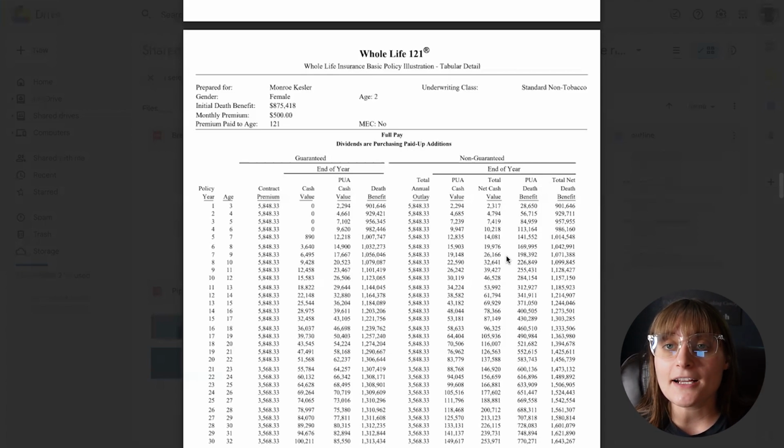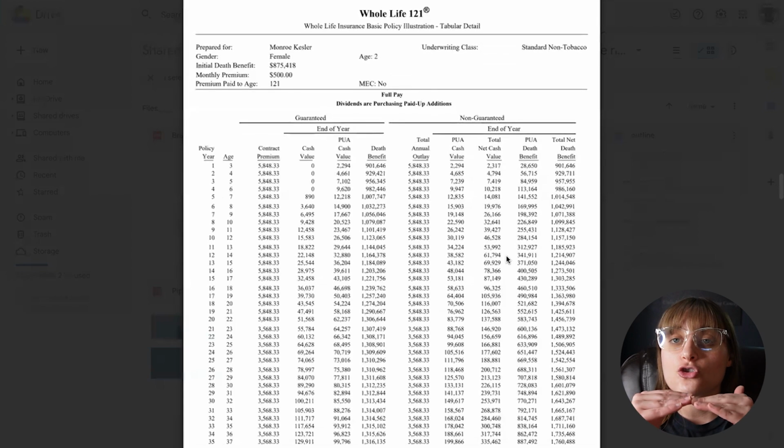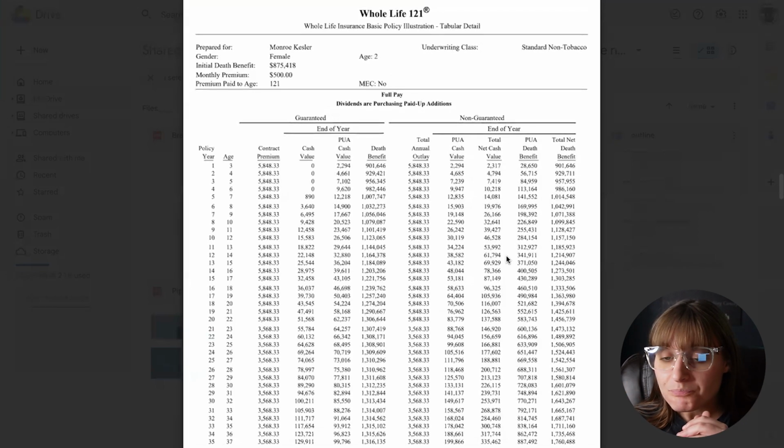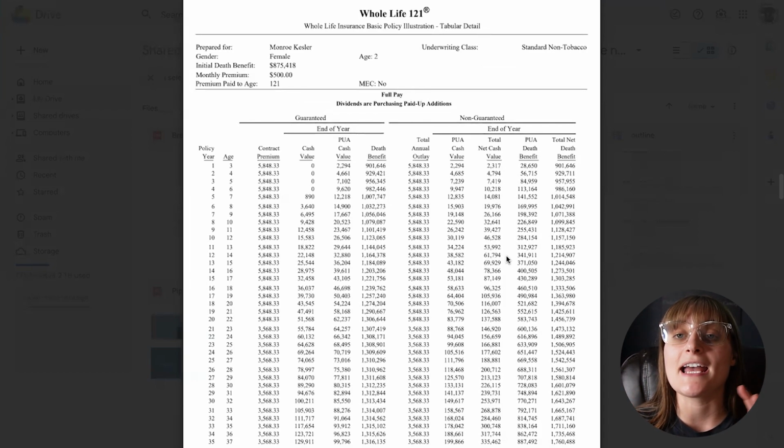So how I designed her policy is with stronger later year performance, a stronger foundation. Her policy is really designed 60% to the base premium and 40% to our paid up edition riders. And with this, I just use $500 a month for my example here.